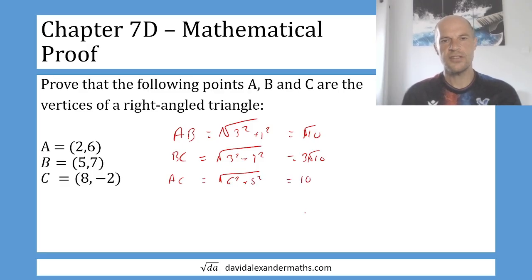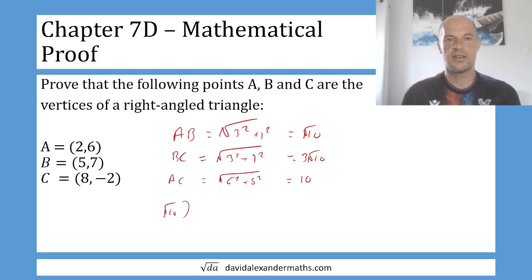Okay, so is it obvious that A squared plus B squared is C squared? And even if it is, well, hang on a second, what's the A squared, what's the B squared, what's the C squared? Well, the hypotenuse is always the biggest side, so AC is probably the hypotenuse if it is indeed a right angled triangle. So let's try this.